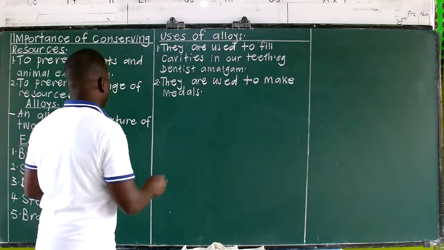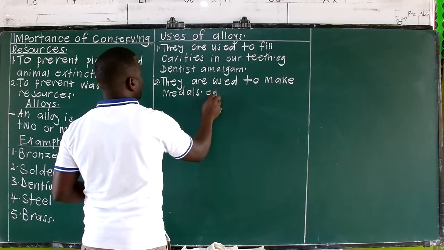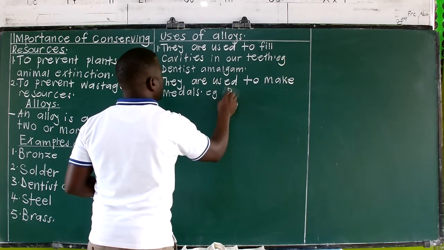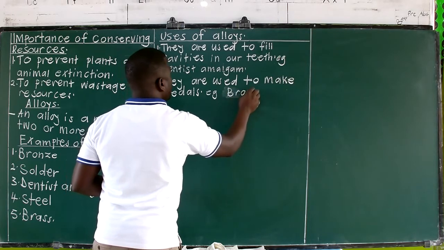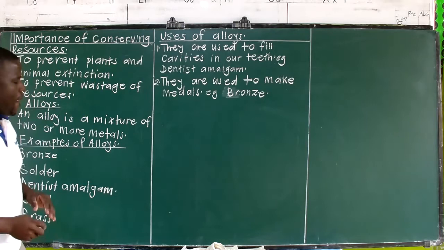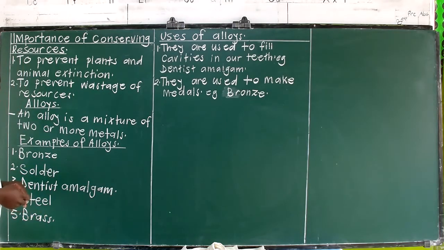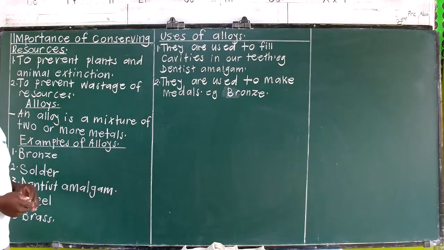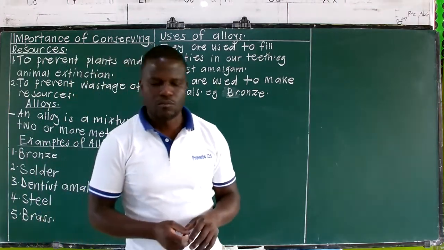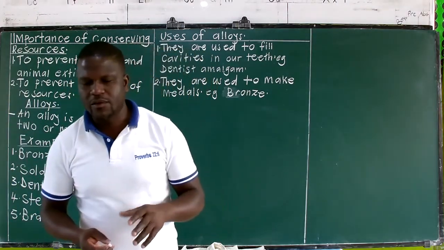They are used to make metals, e.g. bronze. So alloys are used to make metals. For example, bronze. So bronze is used to make metals.